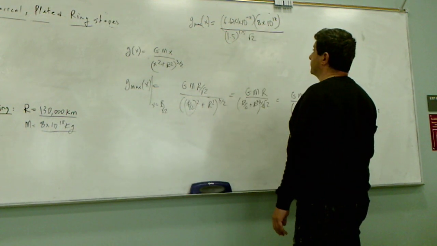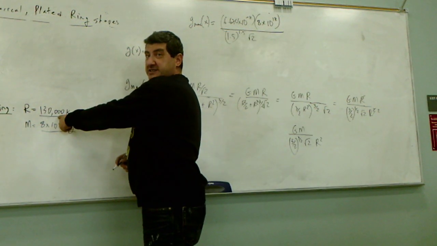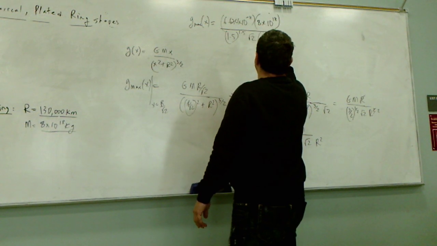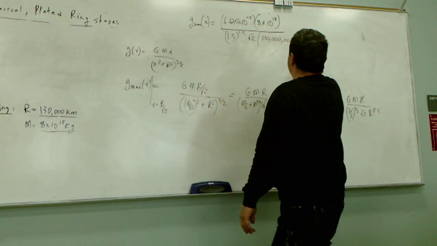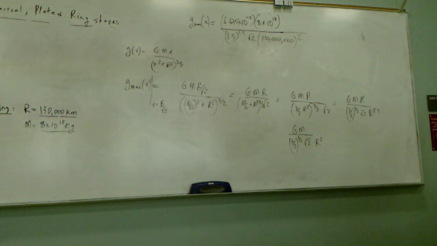Then the r squared is going to be the radius, but you have to change it to meters, right? So 130,000,000 squared. Whew, a lot of stuff there.